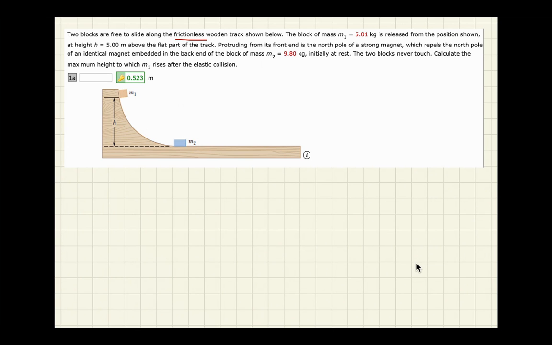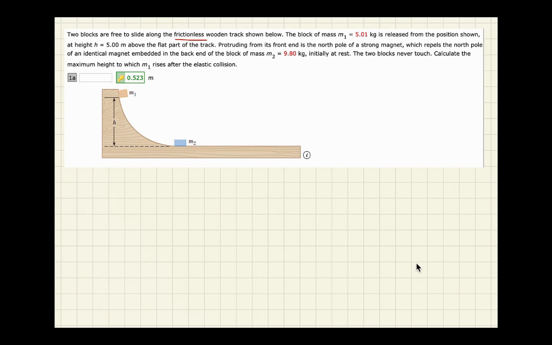Like with previous WebAssign assignments, I'm going to solve these in terms of variables so that you can plug in your own numbers, because everybody is going to have different numerical values for these red numbers.